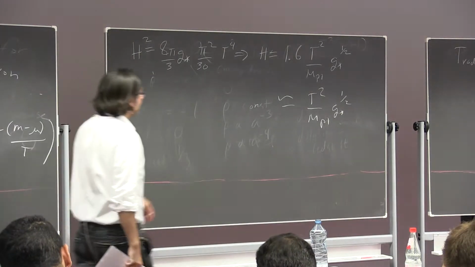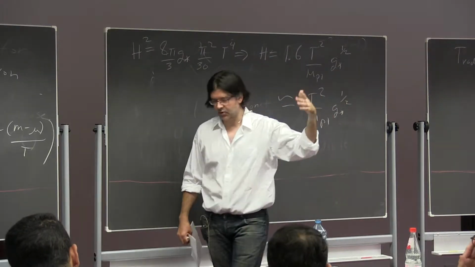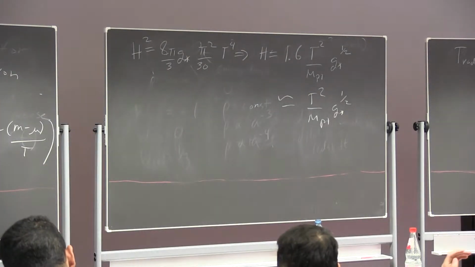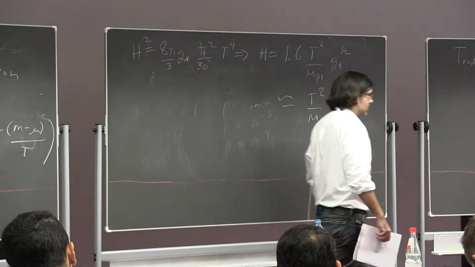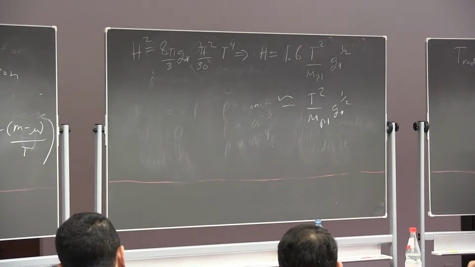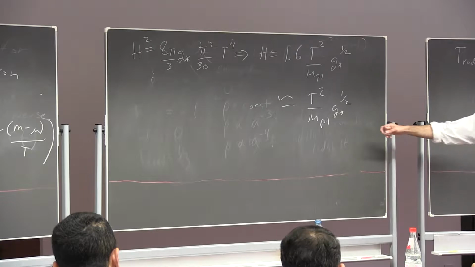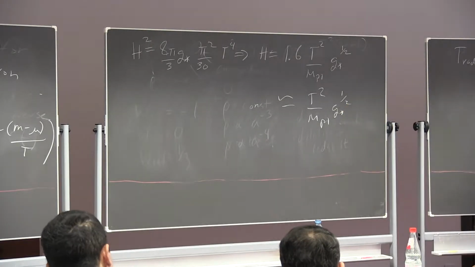Now, there's this g star factor out here, which is counting the total number of relativistic degrees of freedom in thermal equilibrium. But in the standard model, that number never gets much larger than 100. And even in theories like supersymmetry, where you dramatically increase the number of degrees of freedom, this g to the 1/2 is not ever going to be much more than an order of magnitude or 2.